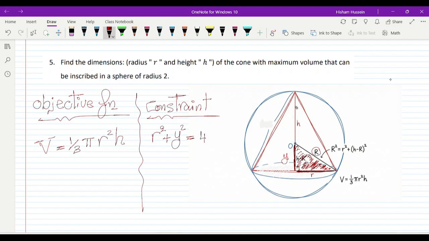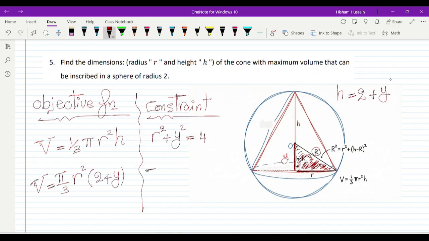Okay, and this h is the height of the cone. H here equals the radius 2 plus the distance from the center of the sphere to the base of the cone, which is y. So V can be represented as pi over 3 times r square times h, which is 2 plus y.